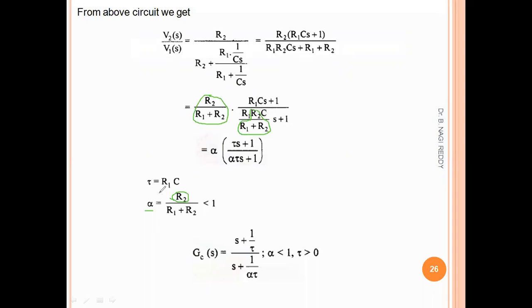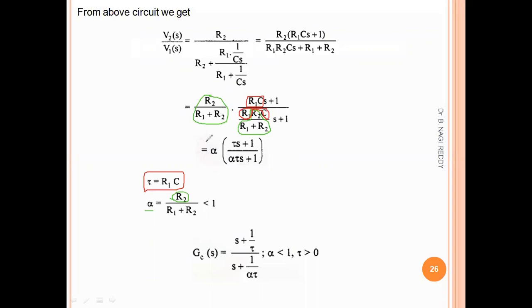So this R1C1 is the time constant tau. You may write capital T or tau as the time constant, which is R1C. So in place of R1 into C, I'll replace tau, and similarly in place of R2 by R1 plus R2, I'll replace alpha.